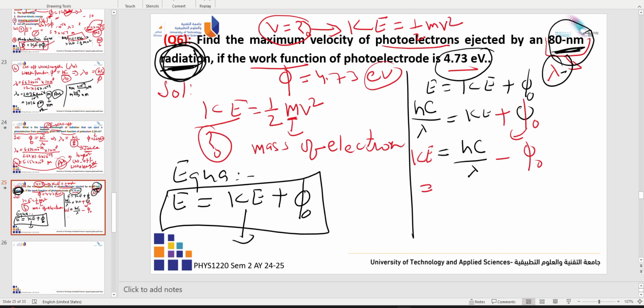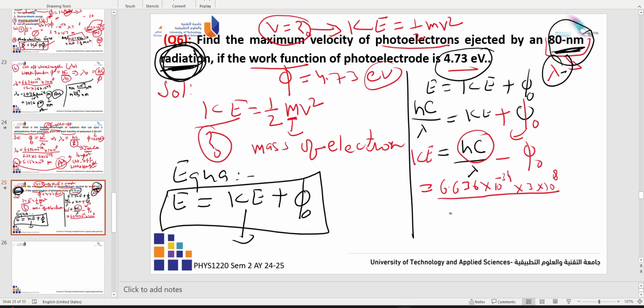So here now I will write all the values. First I will write the value of h, and this will be 6.636 times 10 to the power minus 34, and this will be 3 multiplied by 10 to the power 8, divided by lambda.